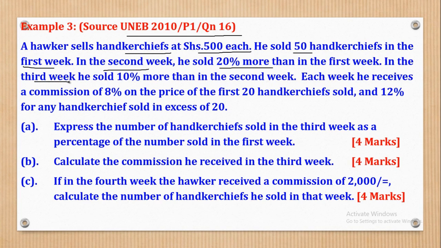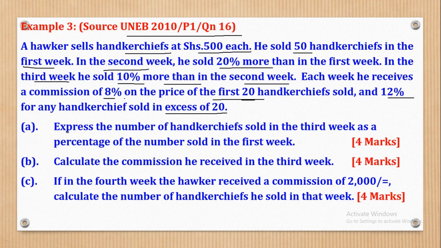In the third week, he sold 10% more than in the second week, know that word. Each week, he receives a commission of 8% on the price of the first 20 handkerchiefs sold and 12% on any handkerchief sold in excess of 20 handkerchiefs.